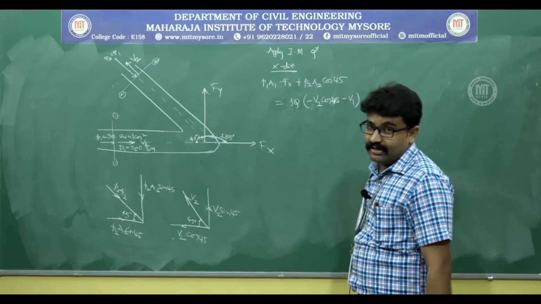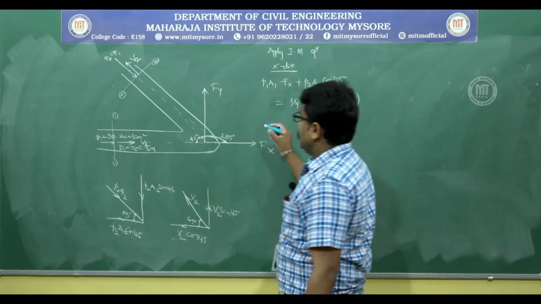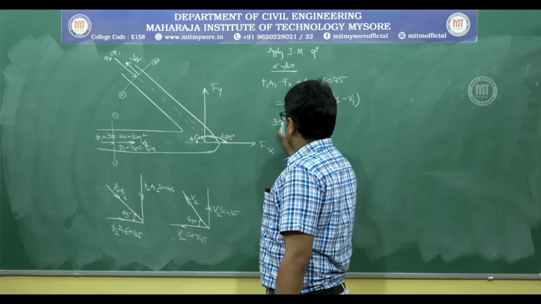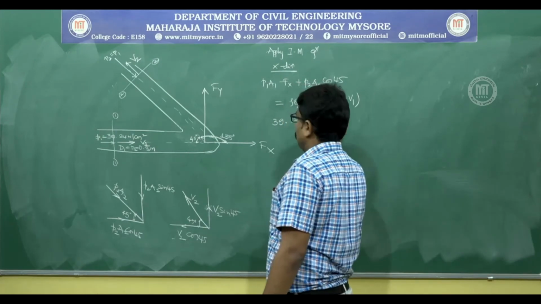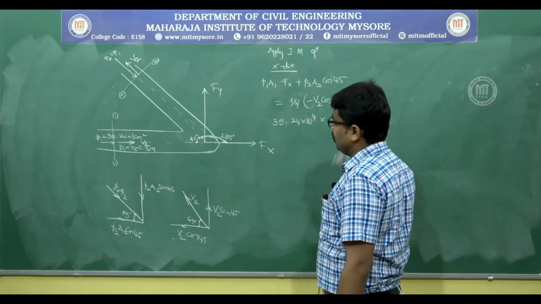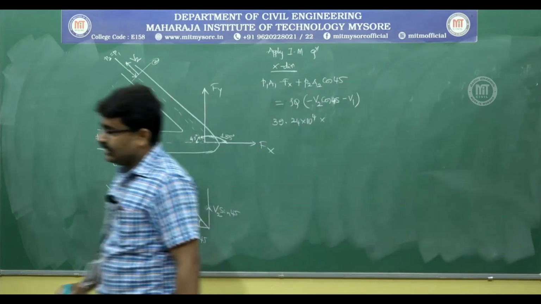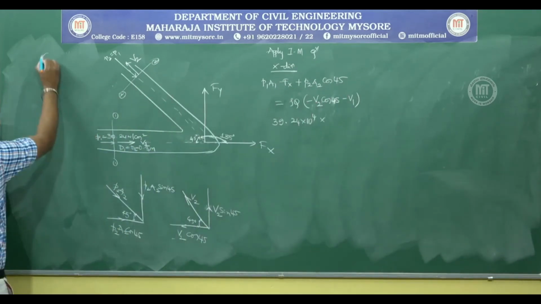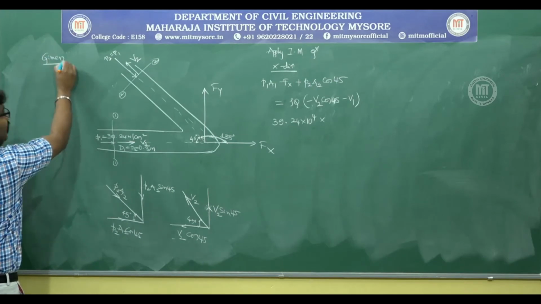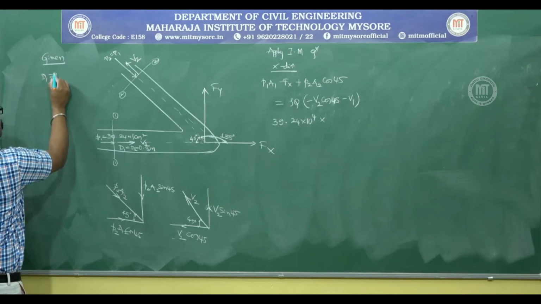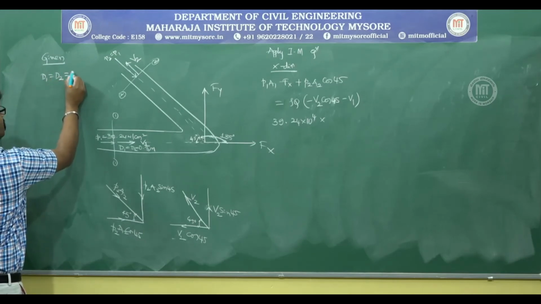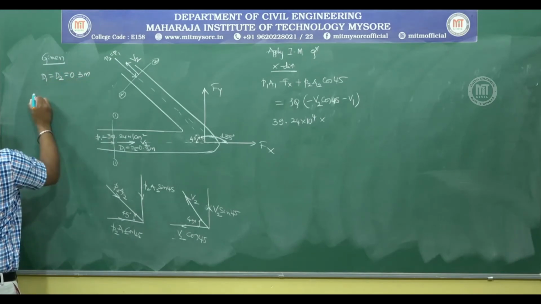The initial velocity is V1. So, what is P1? 39.24 into 10 power 4 multiplied by A1. So, you will have to find out what A1 is, for which I need the basic data written here. D1 is equal to D2 is equal to 0.3 meters.